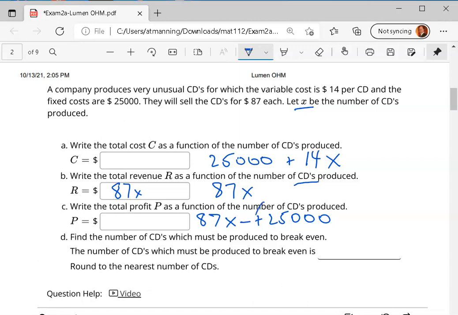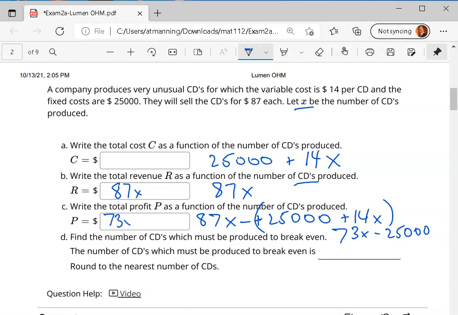I subtract 25,000 plus 14x. Remember, if I'm subtracting two things added together, that becomes a minus that and a minus that. 87 minus 14 would be 73. So that equals 73x minus 25,000. So that's my formula for my profit.